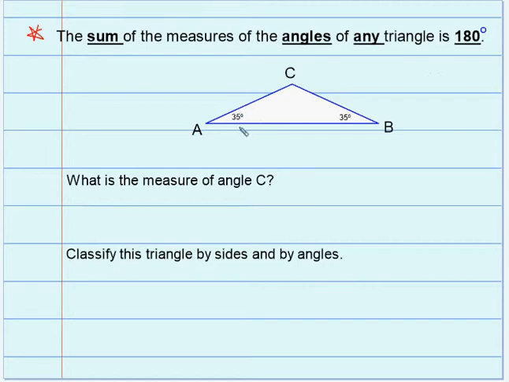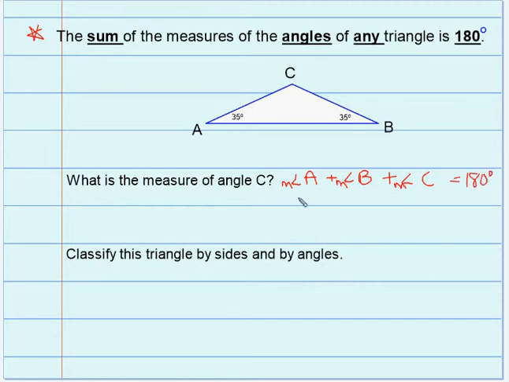So in this triangle, I have 2 35-degree angles, and I have angle C that I want to find the measure of. So I know that the sum of angle A plus angle B plus angle C, and technically these should have M's, right? The measure of those angles has to equal 180 degrees.